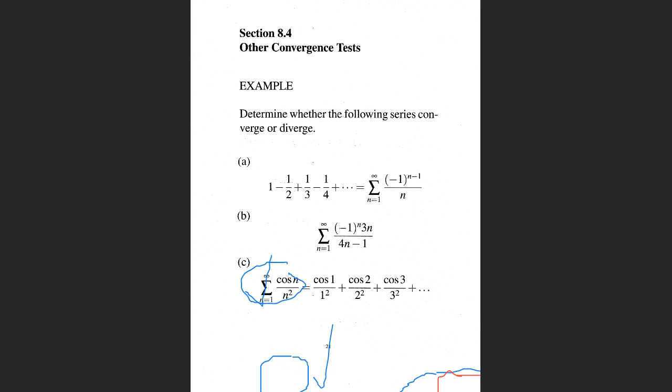But if we try to use the alternating series test, let me go right to the solution here. If we try to use the alternating series test for C, well, the cosine of 1 is 0.5403. The cosine of 2 is -0.4161. And then the cosine of 3 is -0.990. So this means the series is not an alternating series.